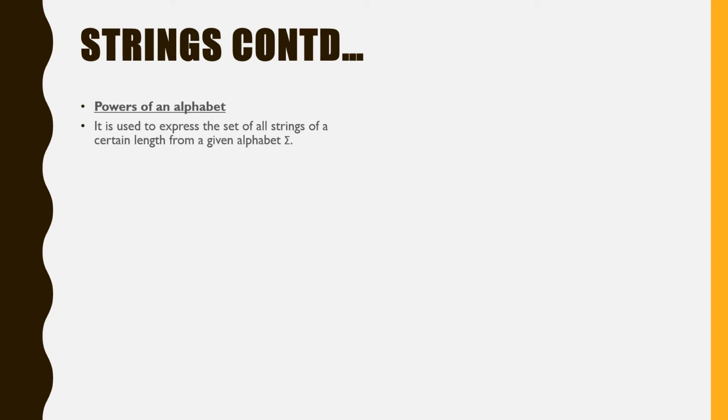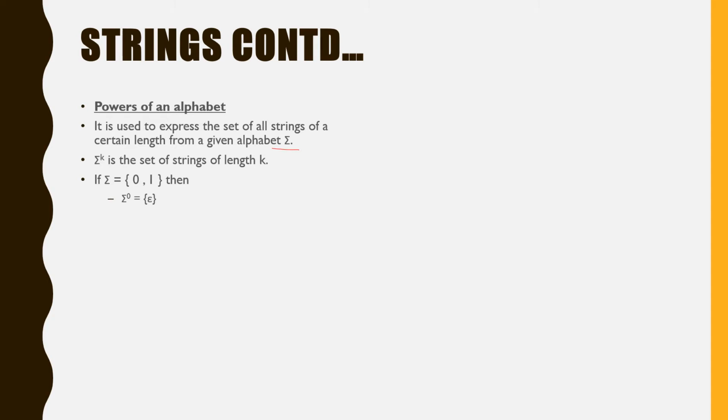Then comes the power of an alphabet. This is used to express the set of all strings of a certain length from the alphabet sigma. Sigma power k means the set of all strings of length k. If we assume sigma is equal to 0, 1, then sigma power 0 is any string of length 0.